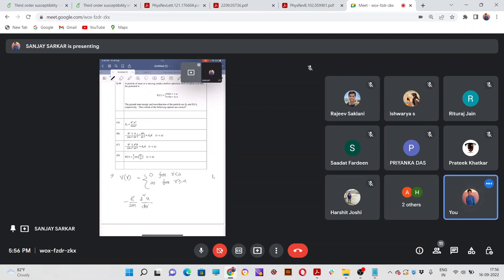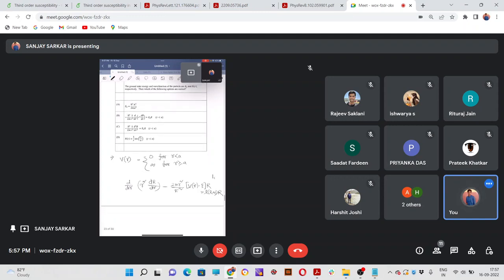If we directly write it for R(r), we don't need to write it in terms of u. Then it is d/dr of r square dR/dr, minus 2m r square by h bar square into V(r) minus E, R equal to L into L plus 1 R.